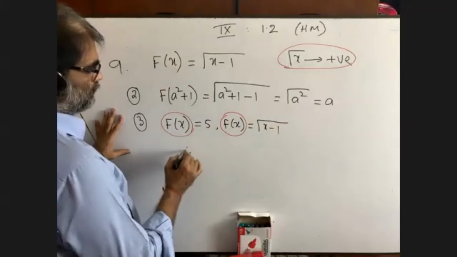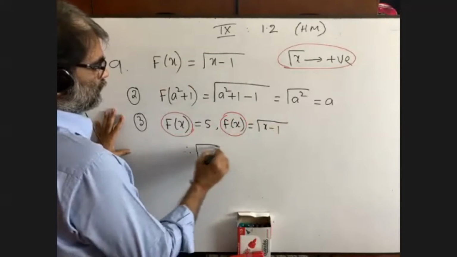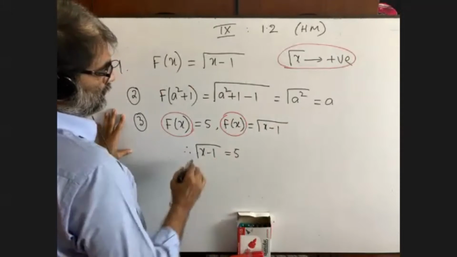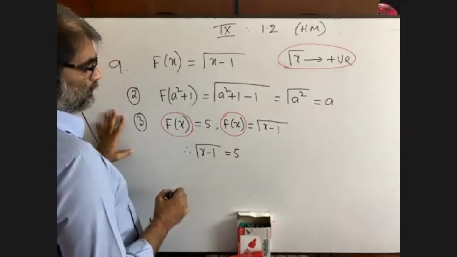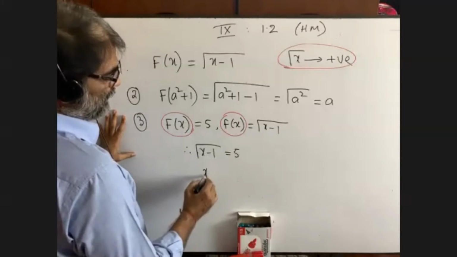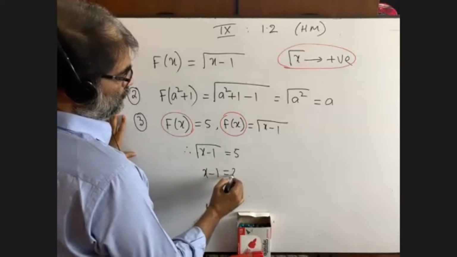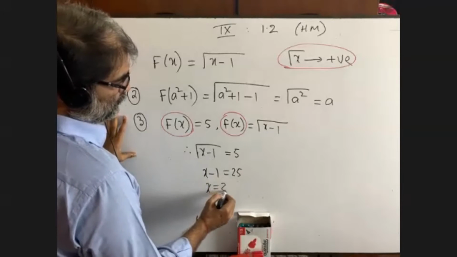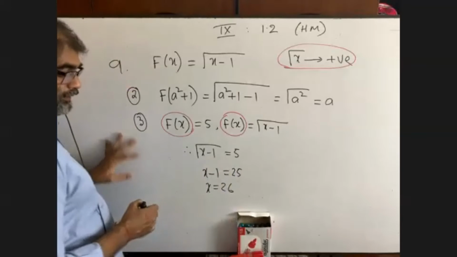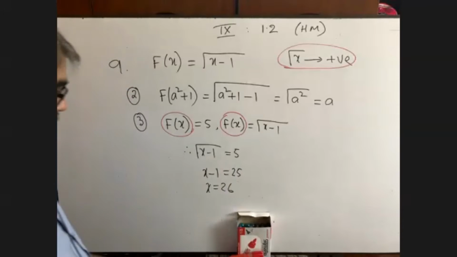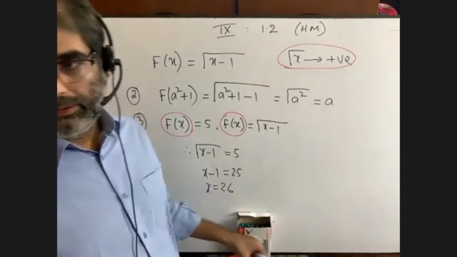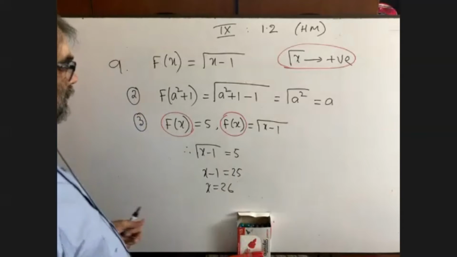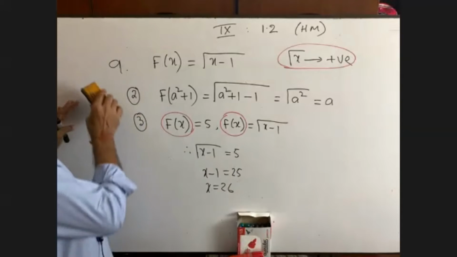Therefore, we can write root over x minus 1 is equal to 5. If I square both the sides, then we will get x minus 1 equals 25, that is x equals 26. So we are getting the value of x as 26.